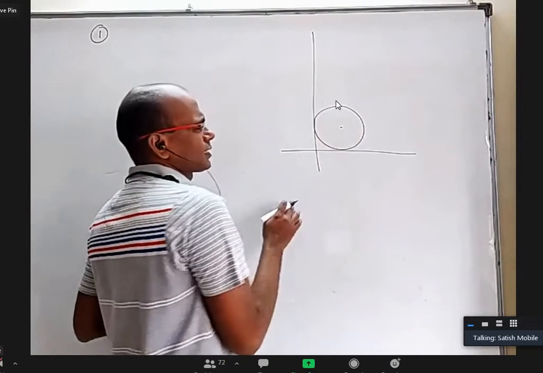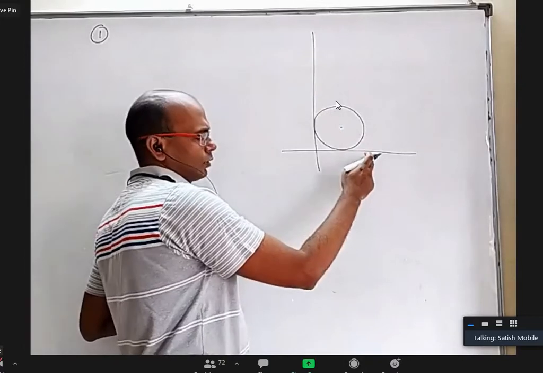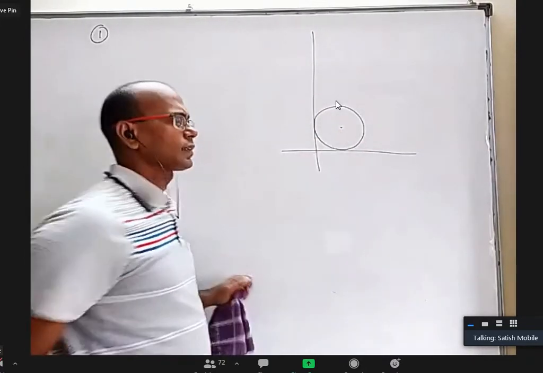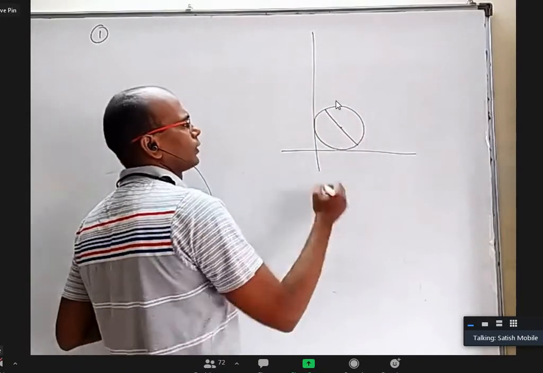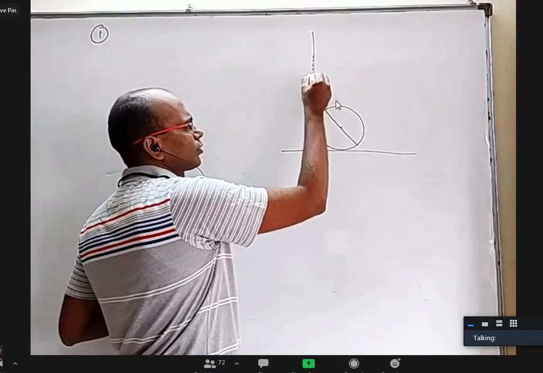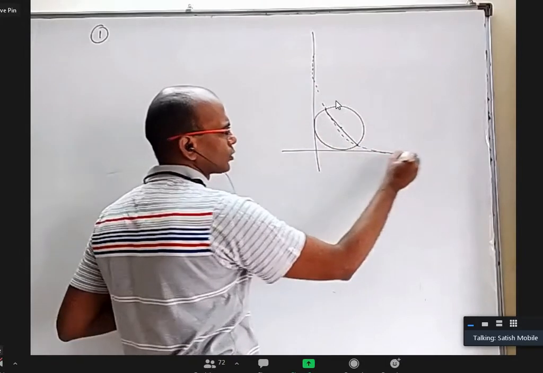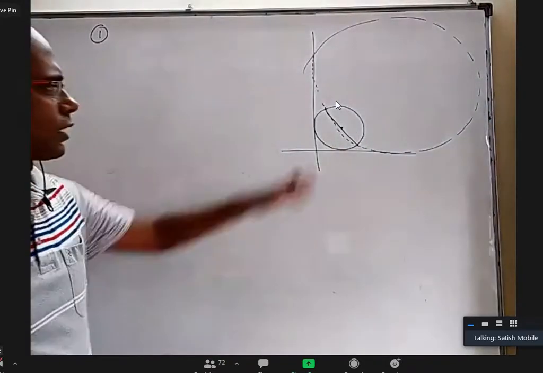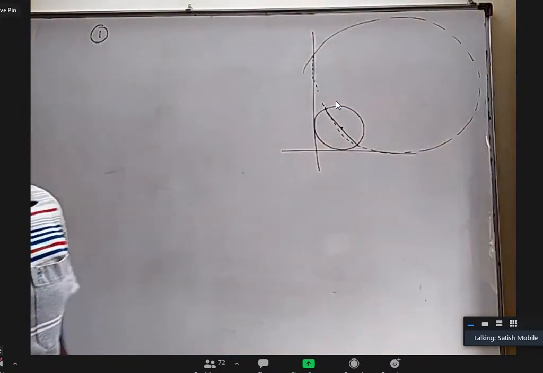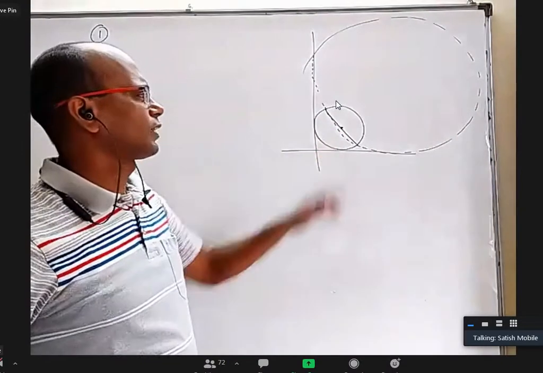We want another circle to touch the x and y axis and intersect this so that the common chord is greatest. The greatest possible common chord will be the diameter. So there will be many diameters, but a circle is possible like this, where the common chord is the diameter of the smaller one. Okay. They want the radius of that.